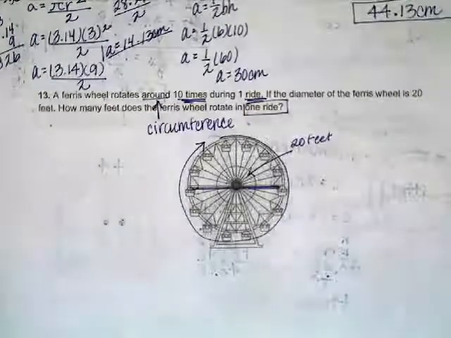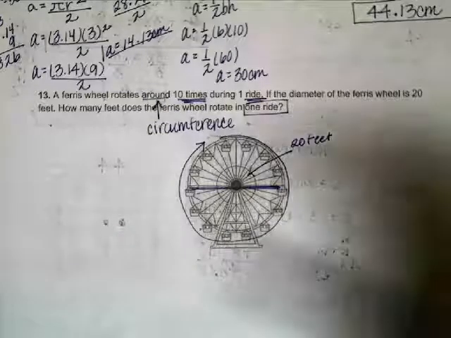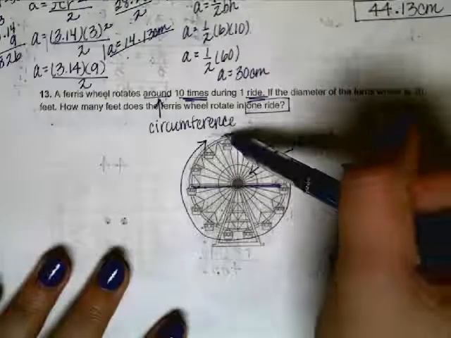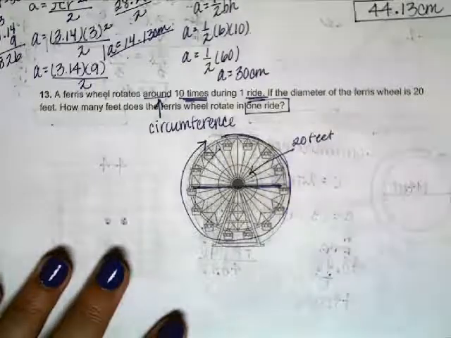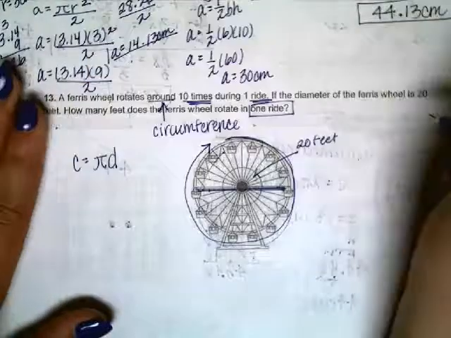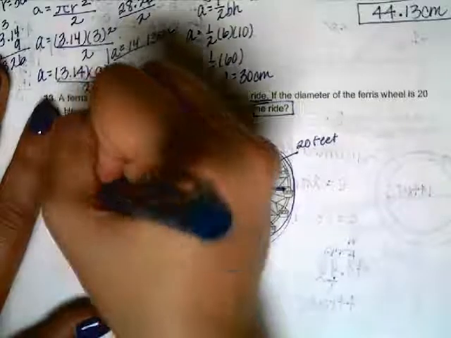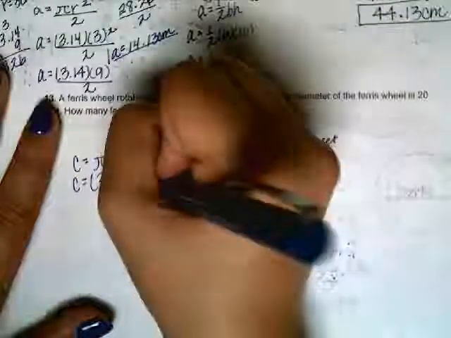So for starters, I need to find the circumference of one time around. We're given a diameter, so we're going to use the formula C equals pi d. So then we have C equals 3.14 times our diameter of 20.